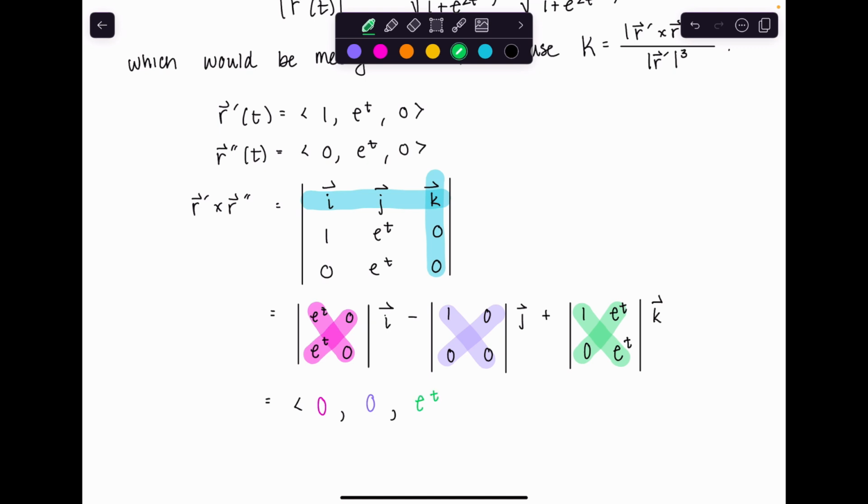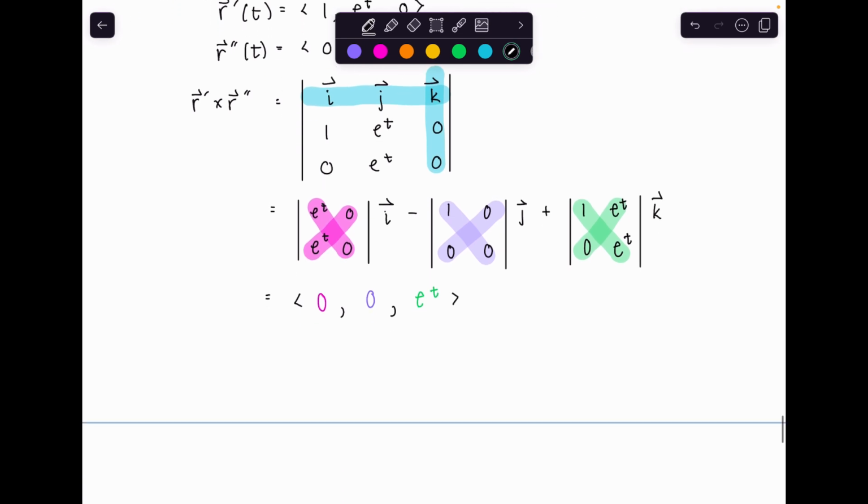So the third component is e to the t. So this vector turned out super, super nice. So the magnitude of this vector is going to be 0 squared plus 0 squared plus e to the t squared under a square root.